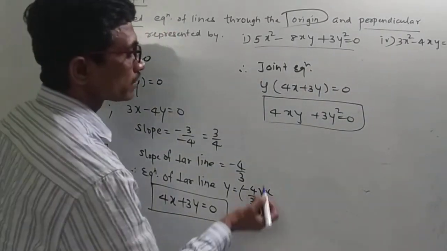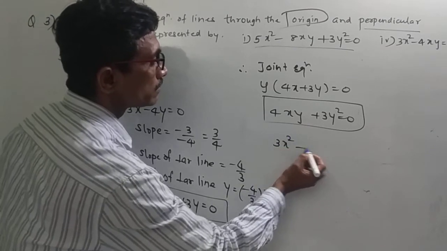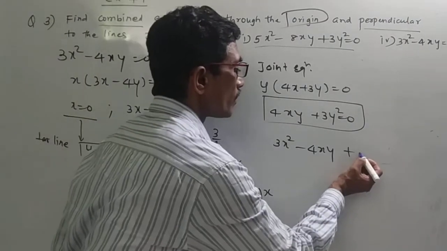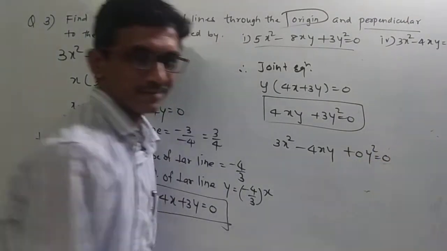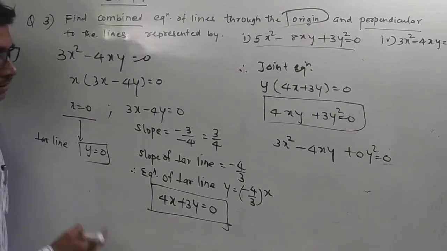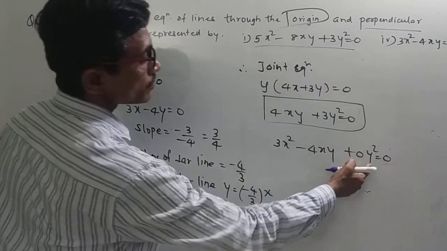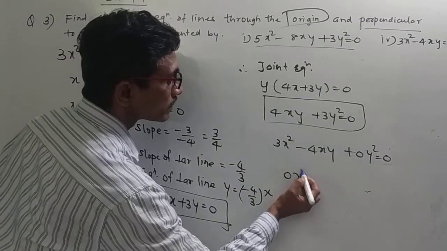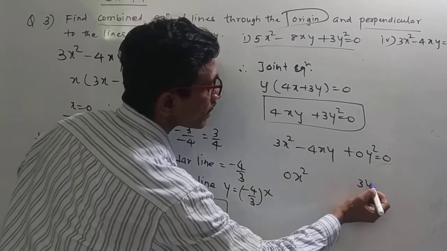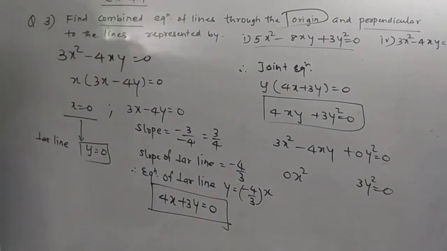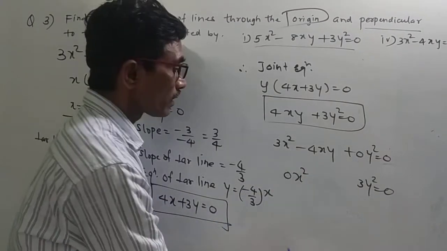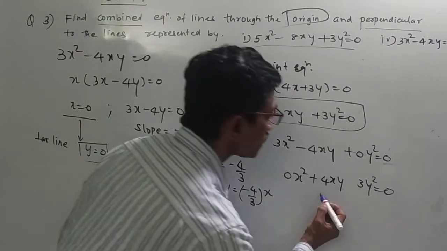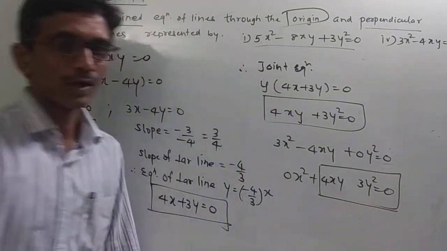So you can observe that our given equation is 3x square minus 4xy. There is no y square term, so the coefficient of y square is 0. As we said in the previous example, the coefficients of x square and y square get interchanged, and the sign of the middle term changes. So negative becomes positive, so that you will get the equation 4xy plus 3y square is equal to 0.